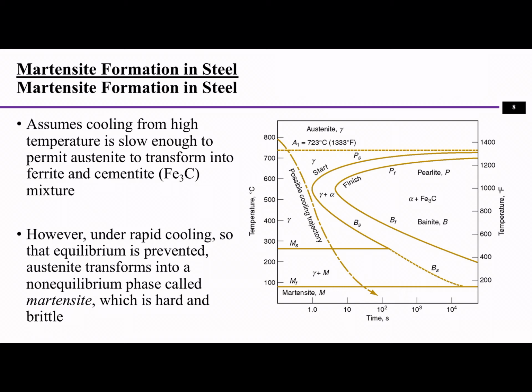If we want to form a martensite structure, we want to cool it down directly from austenite, with rapid cooling to room temperature before touching that curve. That curve is called the TTT curve.